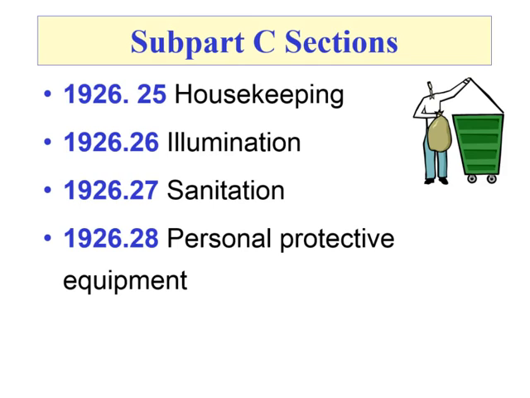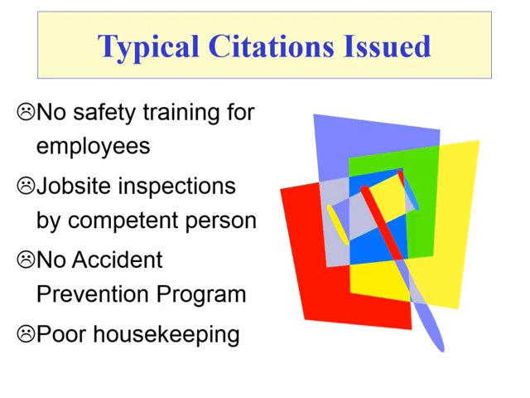Typically, if a citation is issued, it's going to be because of one of these 4 things. The employee wasn't trained. This doesn't necessarily have to be a case where 1926 says you have to train them.